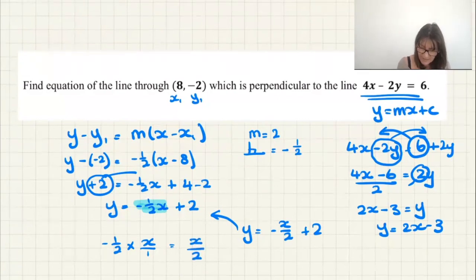I've got 1 negative in the question, so there's 1 in the answer. And that's how you can take this minus half x and make it look or be represented like that. It is the exact same thing. And it doesn't matter which way you do it, like I said.